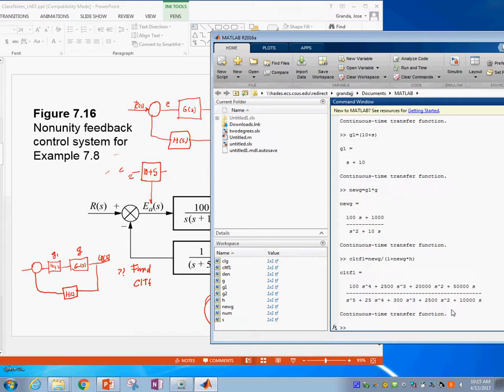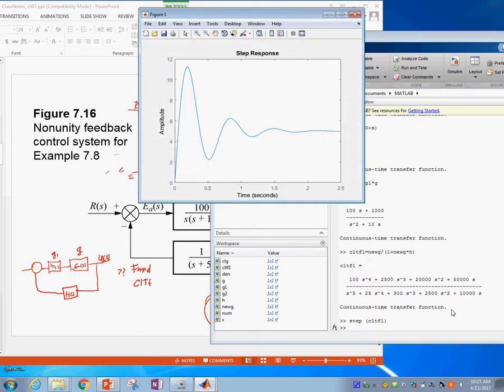And if I want to test what this does, I am going to say step of the closed loop transfer function 1, and this is my answer now.